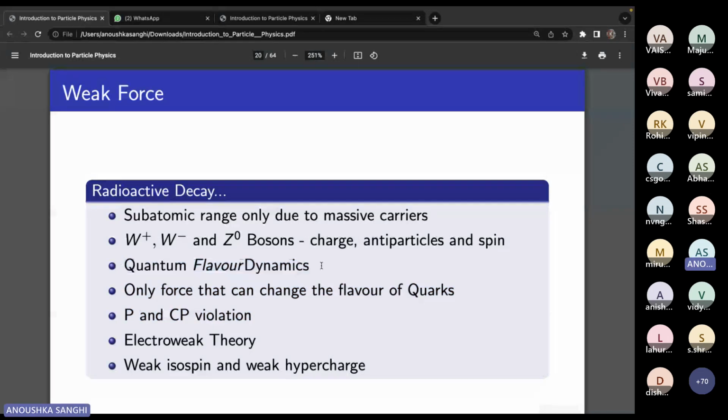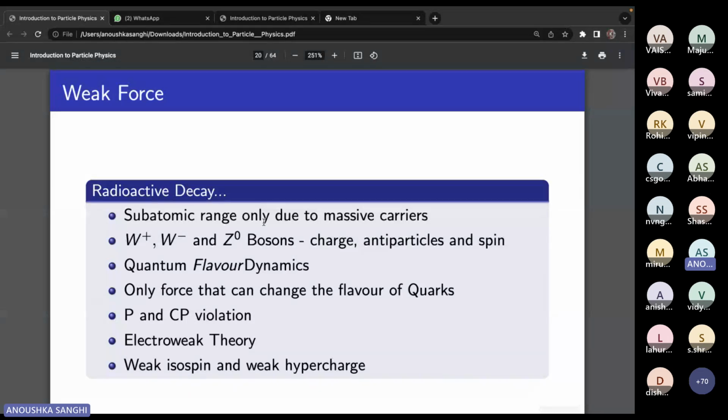What is quantum flavor dynamics? It's a concept that has been observed, and scientists have undergone many experiments.